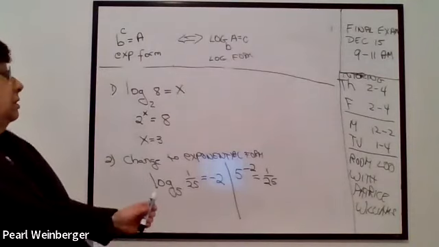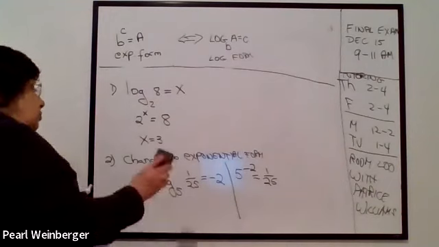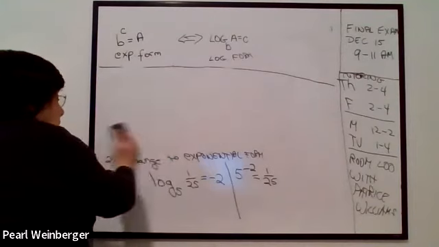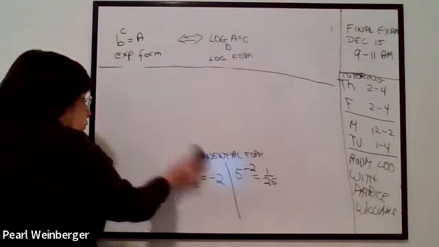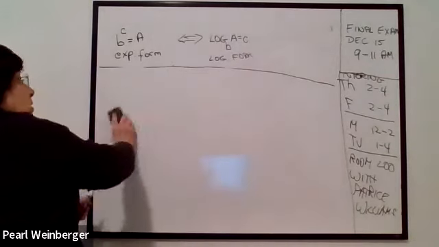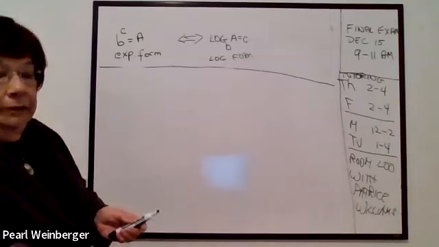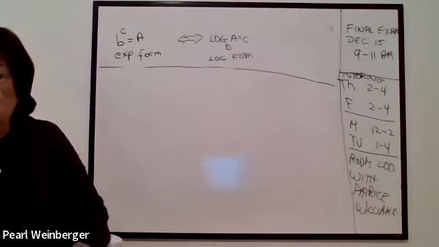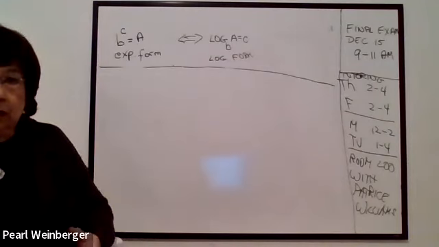Okay, so having these two things and remembering this, let's go a step further in our study of logs, or logarithms, if you want to call it that. What we're going to be talking about today are the properties of logarithms.